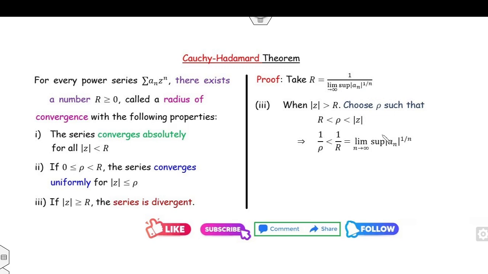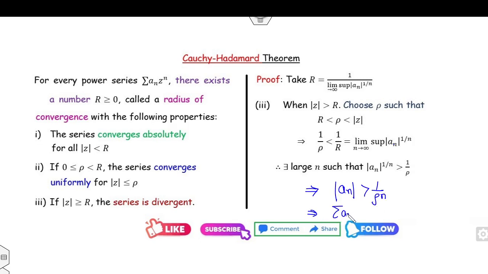So we can define like here. So clearly, because my target is again to find an z raised to power n, can you find the value of an from this case? So we can see an is greater than 1 by rho. Therefore an is greater than 1 by rho raised to power n.